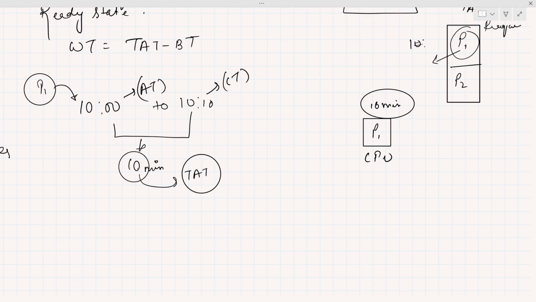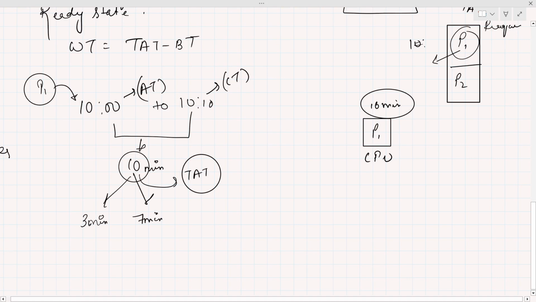These 10 minutes are further divided into, let's say, 3 minutes and 7 minutes, because the process is not always executing. Sometimes the process wants to perform some IO operations. It wants to take data from somewhere else, or provide output somewhere, so the CPU has to wait.